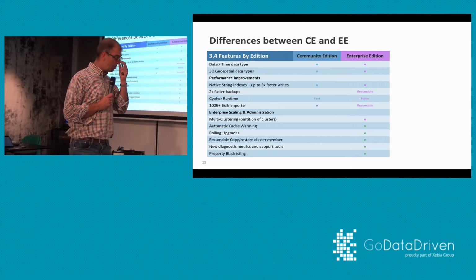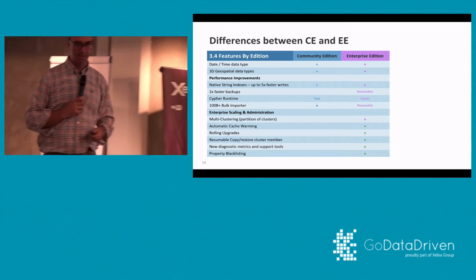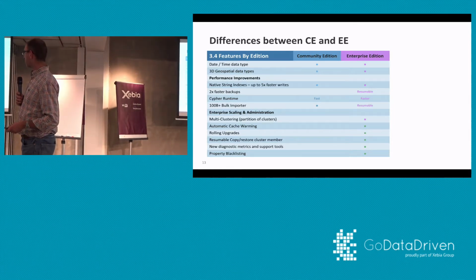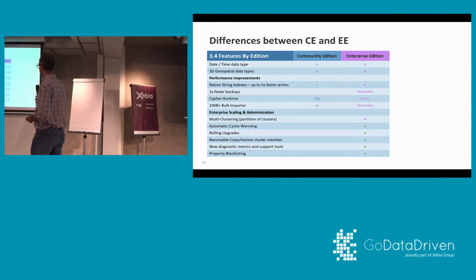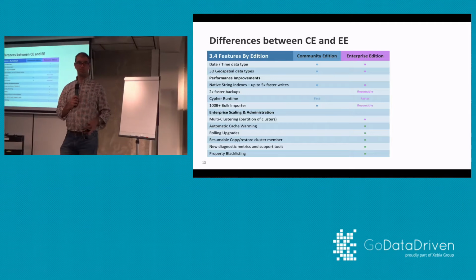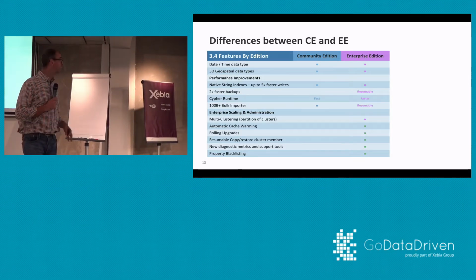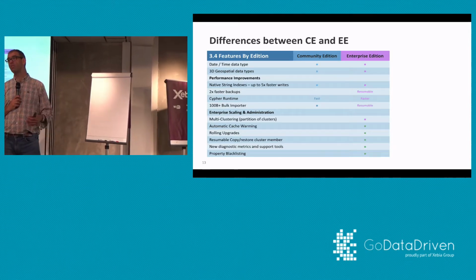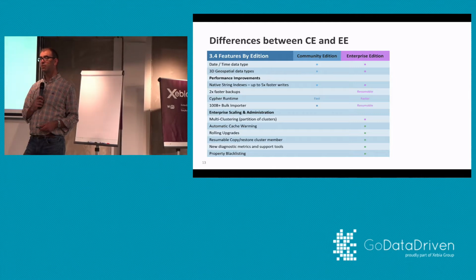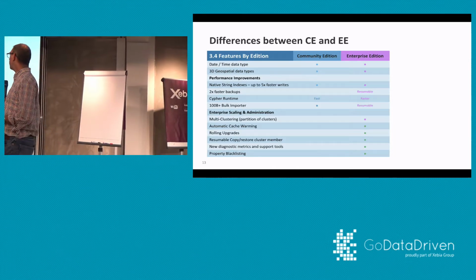I'm guessing everyone knows that Neo4j has different editions, right? There's the free open source community edition, and then there's the enterprise edition. There's a bunch of features that go into the community edition that are available to everyone for free, but obviously there's a number of other features that are not available to the community edition, or that would require a lot more work on the community edition.